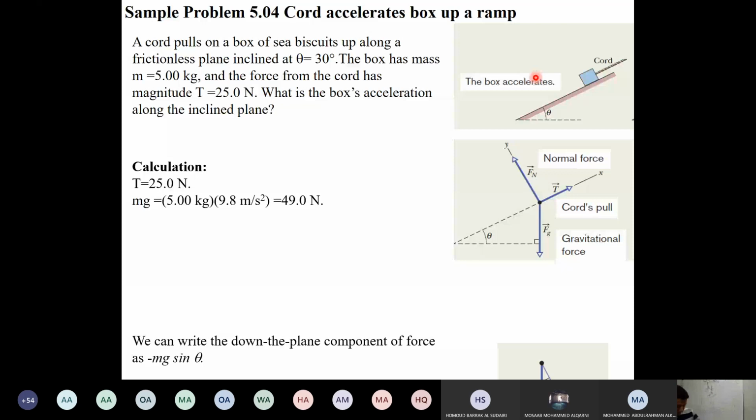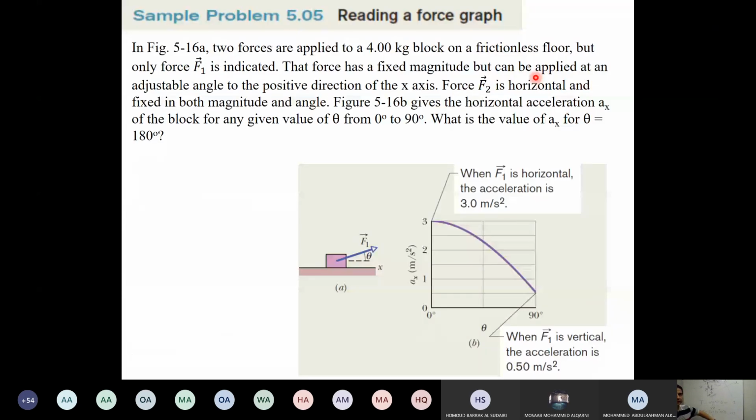There is another problem here. Just read the statement, guys. Okay, reading a force from a graph.